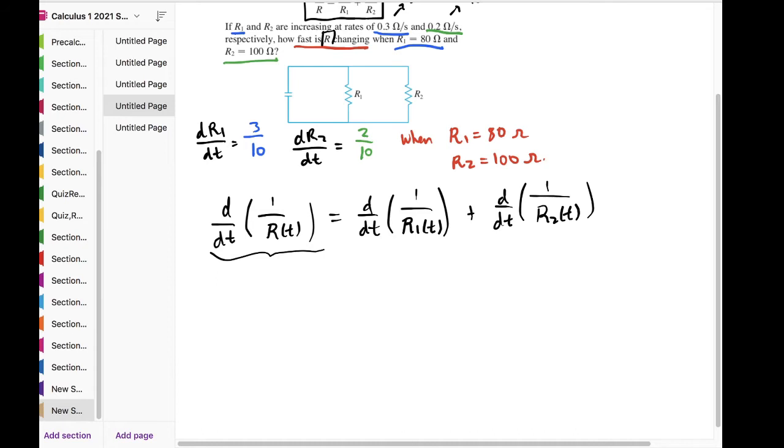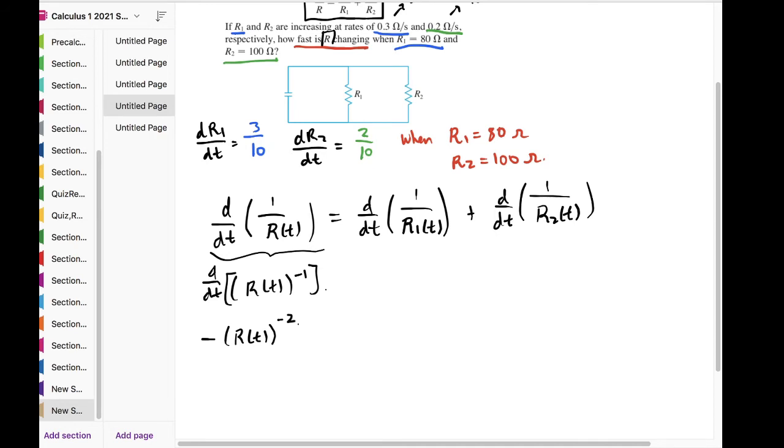There's two rules you could use. So by the chain rule, if this is R of t to the -1, then this is a power, negative R of t to the -2.